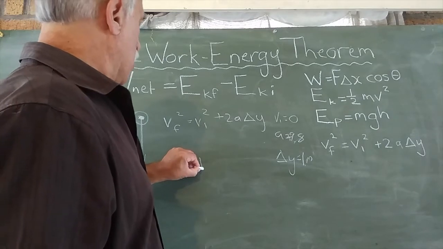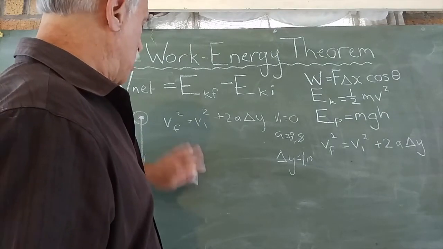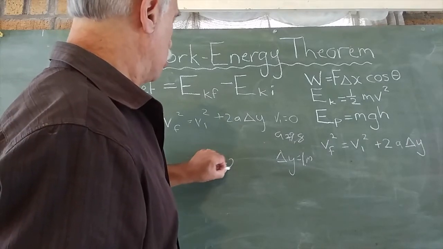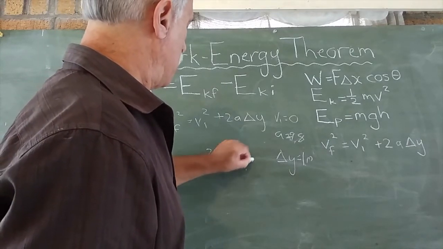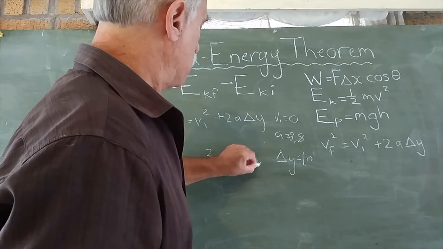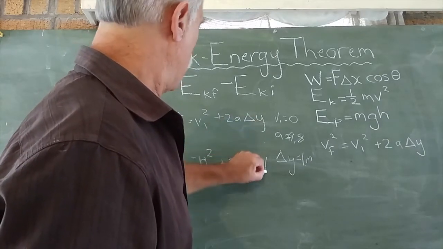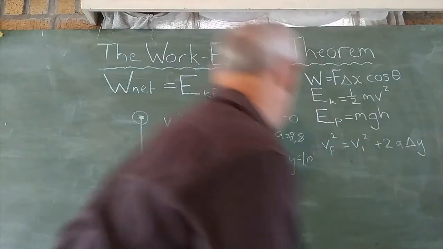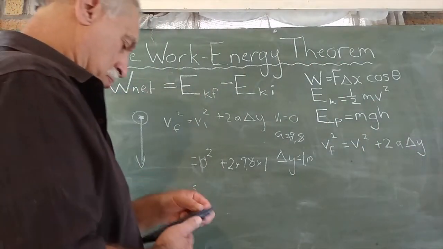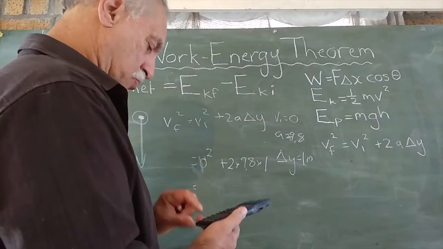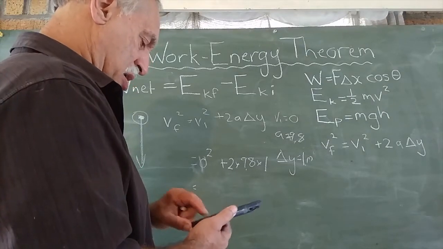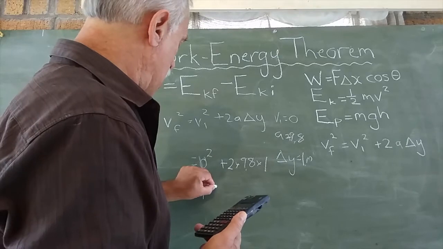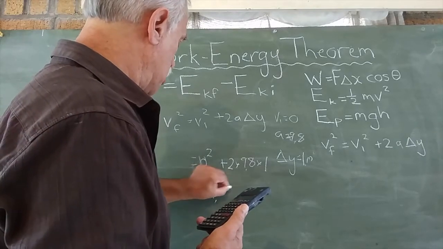So let's plug in our values. V final squared is going to be 0 squared plus 2 times 9,8 times delta y of 1, so that comes to 2 times 9,8, which equals 19,6.